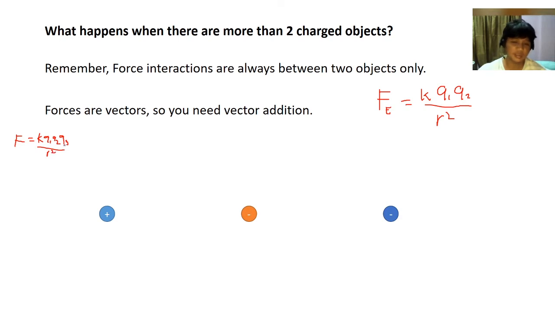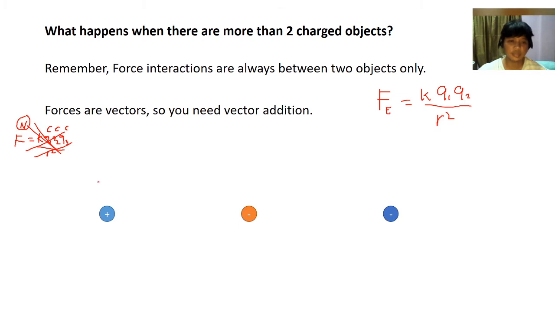This makes no sense at all on all levels. First of all, the unit will be messed up. There will be Coulomb cubed units, and that will never amount to what we need, and that is newtons. Second of all, it just doesn't make sense because force is always just between two objects.